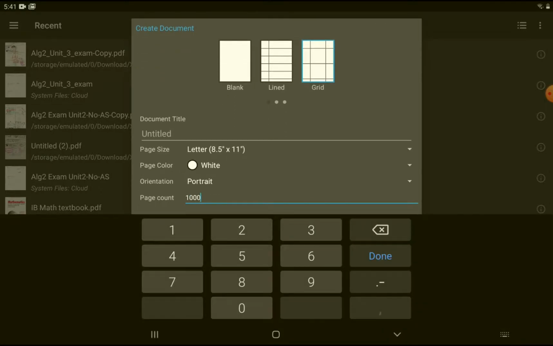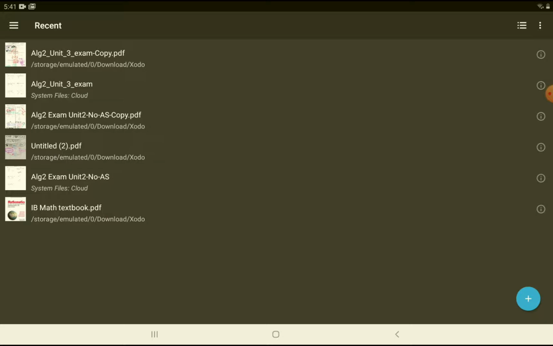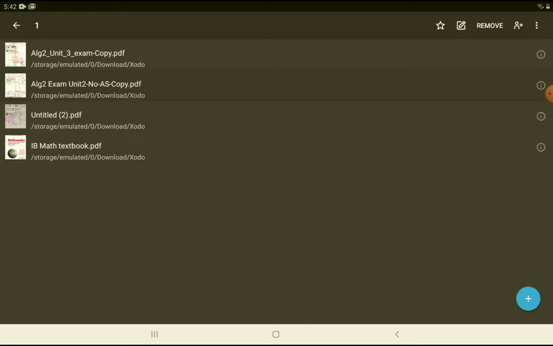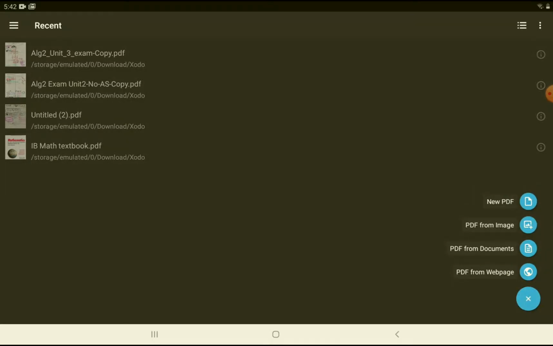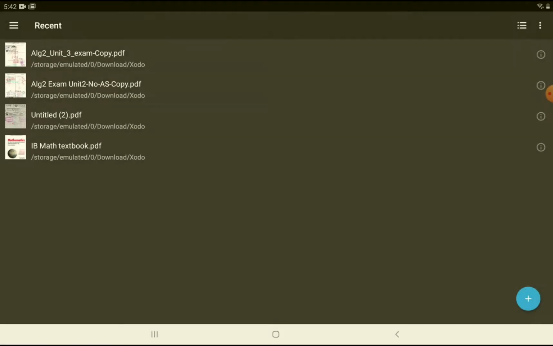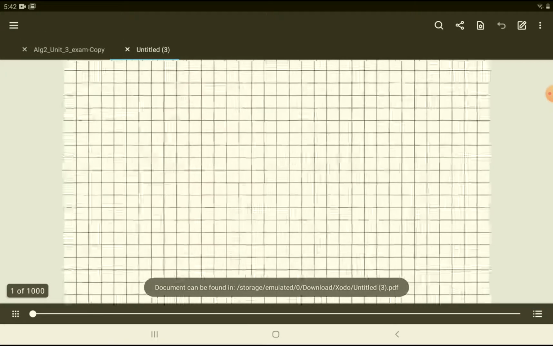So here we go. Let me make a new file. Grid paper.